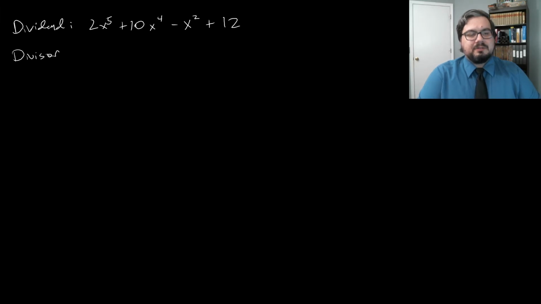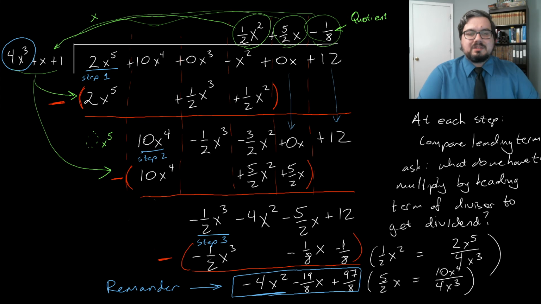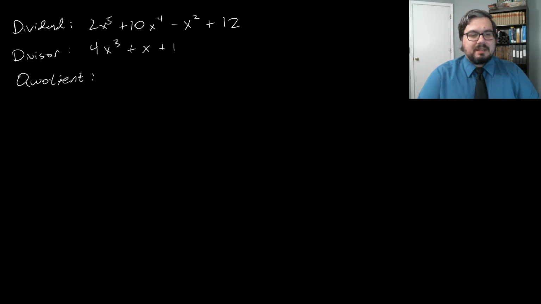So let's see, the dividend was 2x to the 5th plus 10x to the 4th minus x squared plus 12. The divisor was 4x cubed plus x plus 1. The quotient that we got was 1/2 x squared plus 5/2 x minus 1/8.